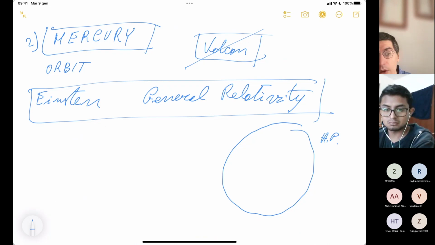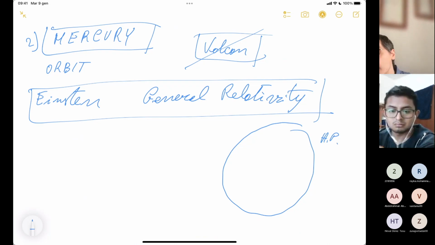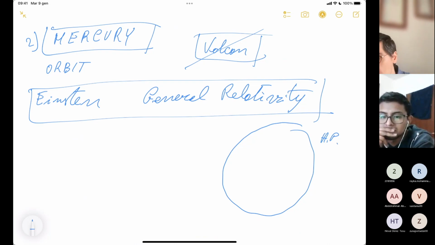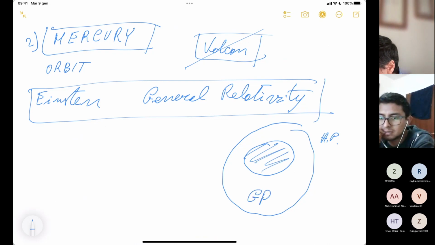That with the hypotheses of general relativity, you are able to describe a set of phenomena much bigger than the phenomena that you can describe with classical mechanics. So you have something like this. This is the set of phenomena that you can describe with general relativity. This is the set of phenomena that you can describe with classical mechanics. You see, it's a subset.